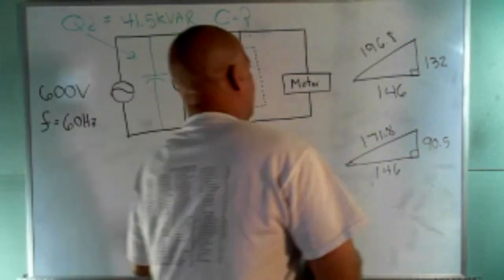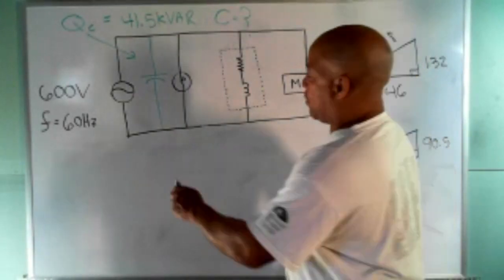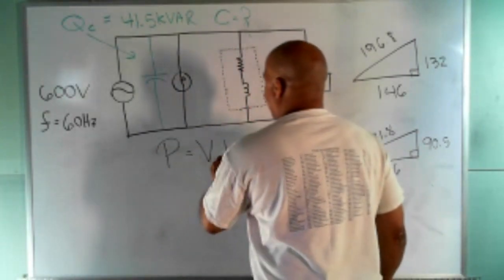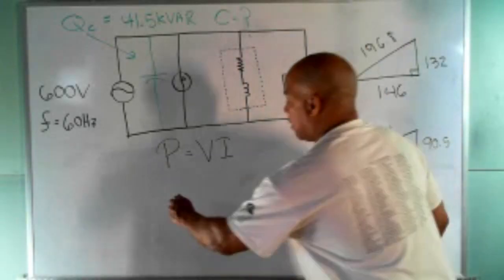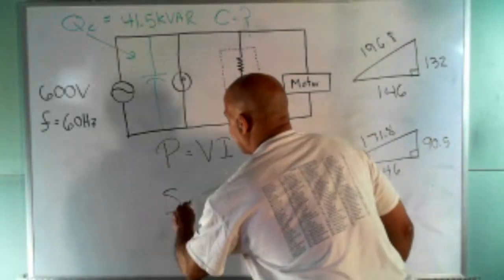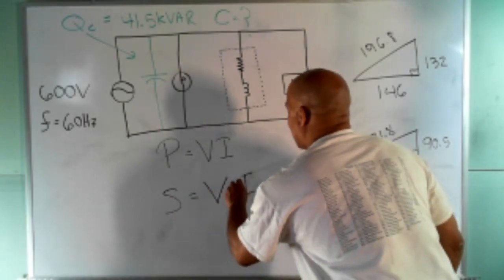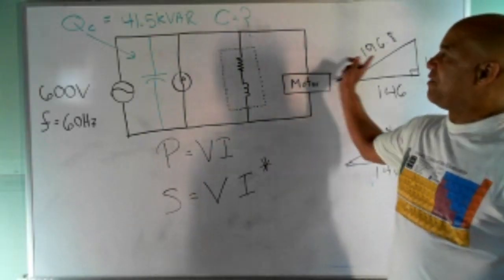All right, so remember that the correct equation, I'm not going to use the correct equation. Remember from DC, P equals V times I? Well, in AC, we treat them all as phasors. We go S equals V times I star, and remember, that's the complex conjugate. But the thing is, I haven't given you any angles.